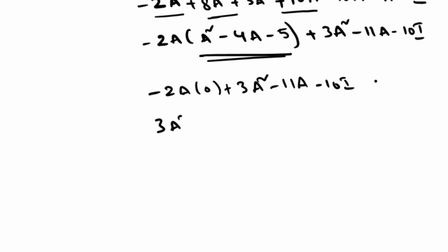We can write the above expression as 3a square minus 12a plus a minus 15i plus 5i.